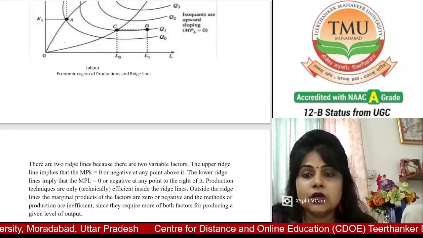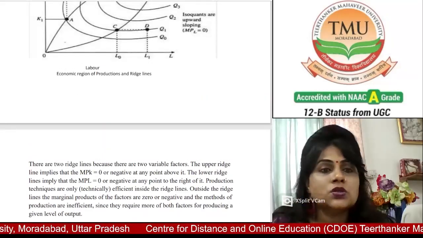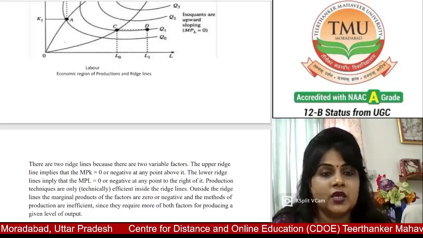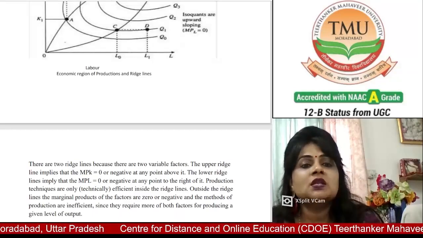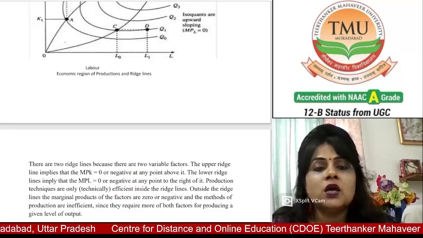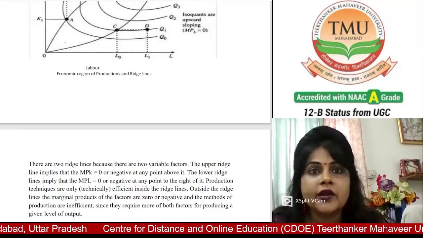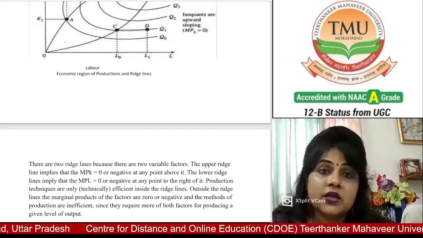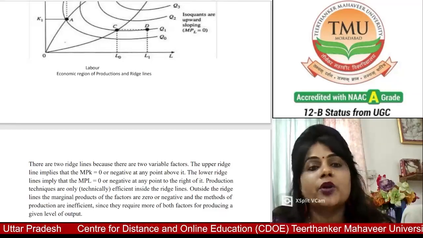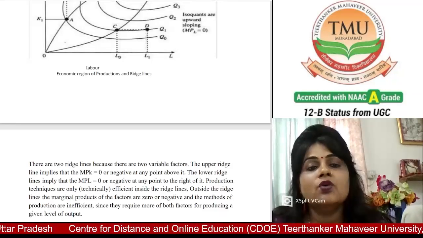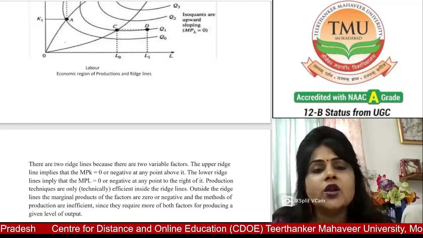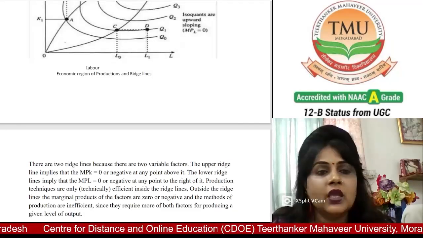So in this topic, you see the ridge lines exclude these area parts. The area under the ridge lines is an economical and productive area, and the area outside the ridge lines is an uneconomic and unproductive area.